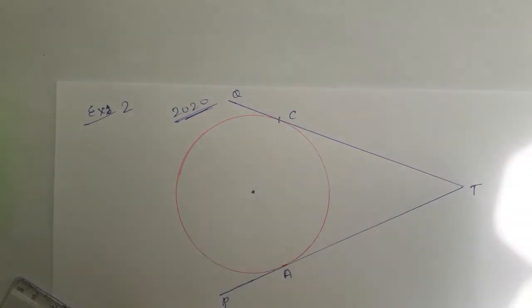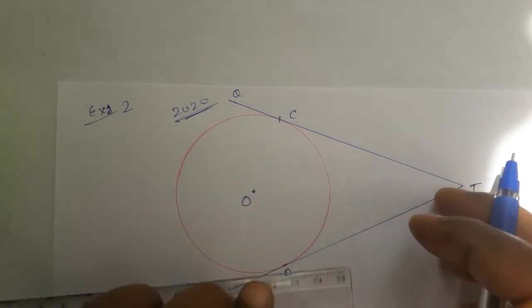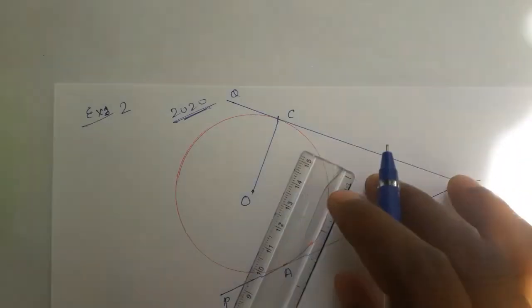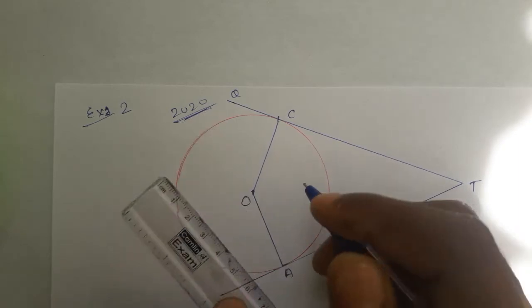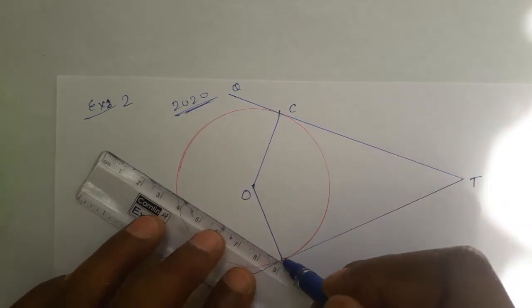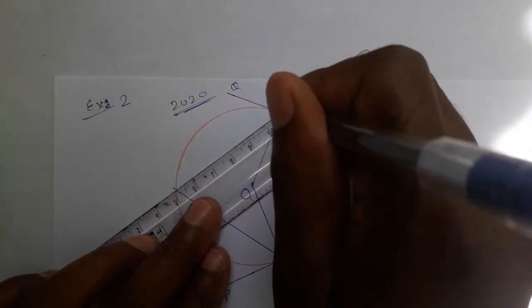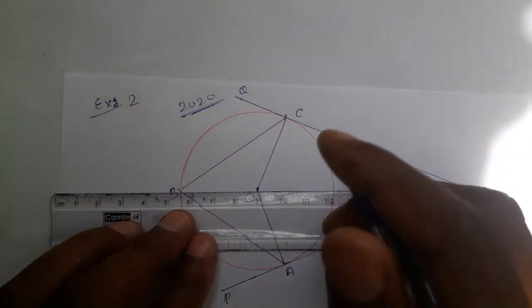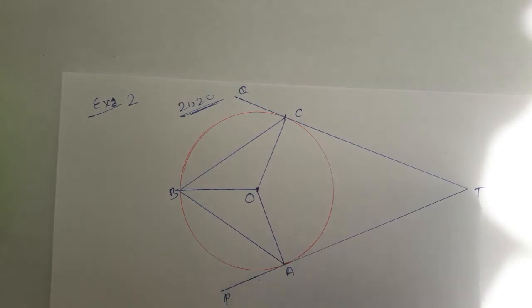Here the center, we say O. OC and OA are joined, both are radii according to the diagram. One more circumference point, that is B. A and C points are joined and OB also joined. This is the given diagram from 2020.